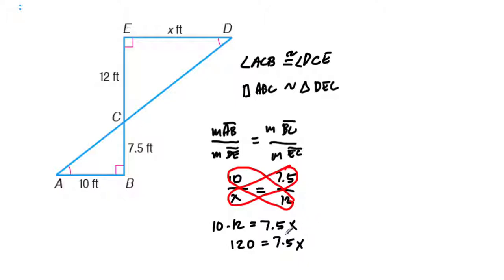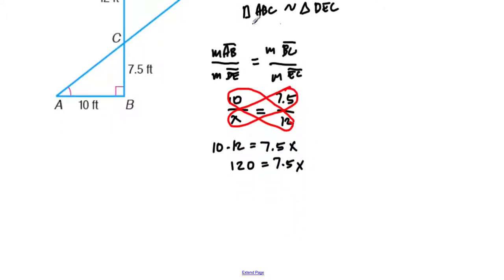Then we divide both sides by 7.5. We find the value of x as 16. So the measure of segment ED in this case is equal to 16 feet.